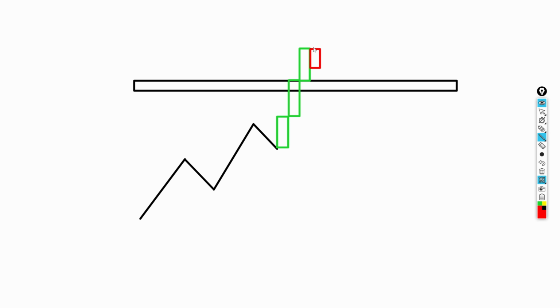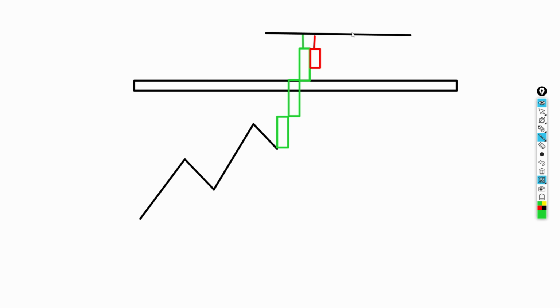These candles can have wicks like this, but all in all you need a red candle because it shows a retracement phase. Once you have this retracement phase, you can draw a recent resistance here, and then you will wait for the price to move up like this.